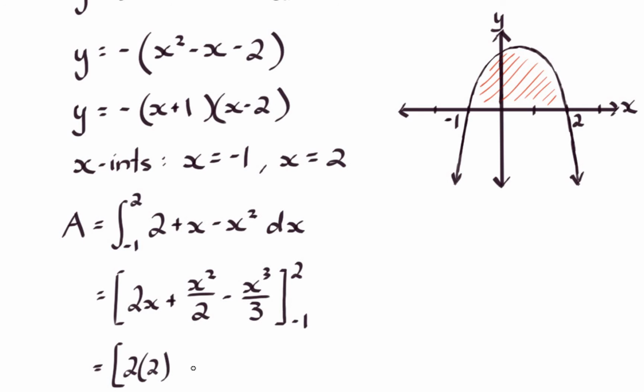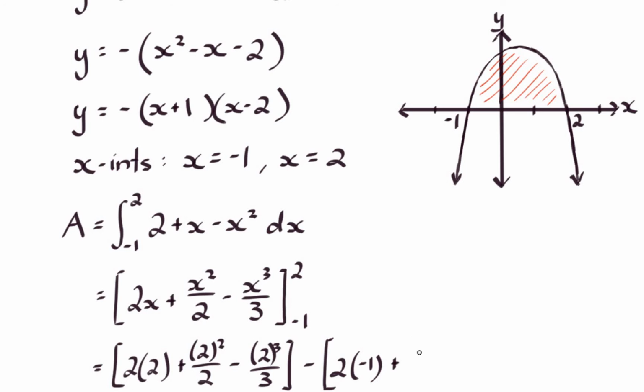So 2 lots of 2 plus 2 squared on 2 minus 2 cubed on 3. And then we are going to subtract what we get when we substitute in -1 for x. And finally here, -1 cubed on 3.